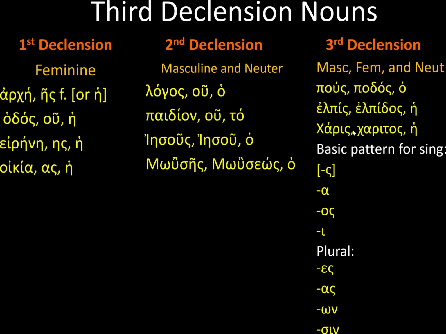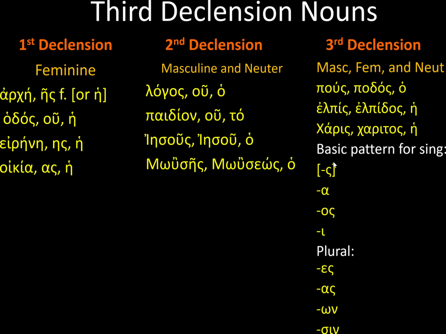stem, the main stem to build the endings of the other cases outside of the nominative. The nominative singular is pous, and notice the sigma. The sigma is here in brackets because many words do not have sigma at the end in the nominative singular, but many do.